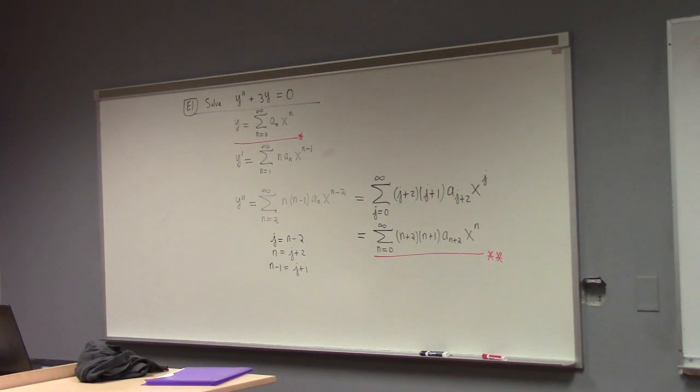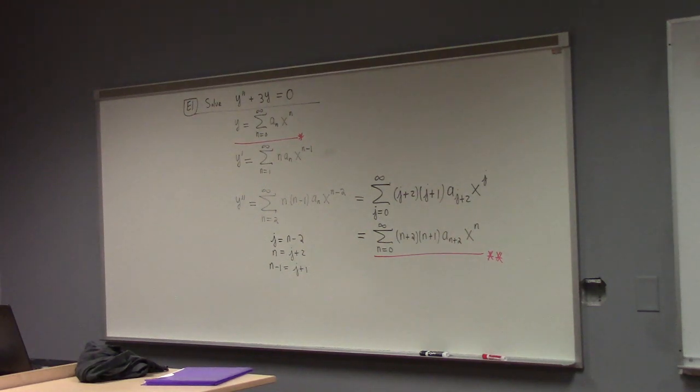So if there's a problem like this in your homework, you should solve it the same way, essentially. You just guess the solution is a power series, plug it in, and then we work it out, make everything look the same so you can combine terms as much as you can, which looks like this here.